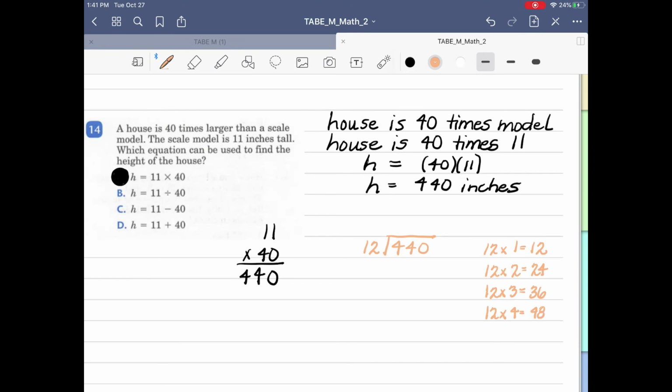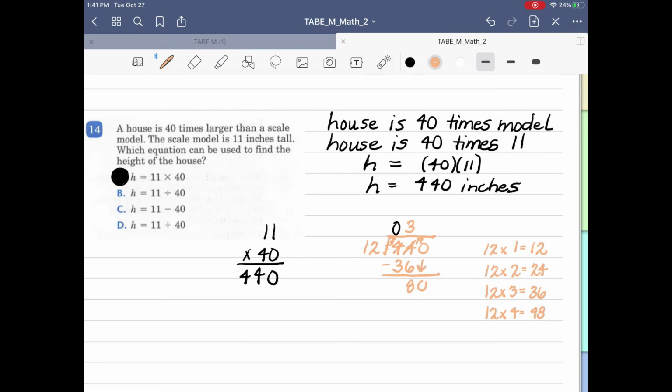So the fourth iteration is too big. We want to go with the third one. So 12 can't go into 4, it goes into 44 3 times, and that's 36. So 44 minus 36 is 8.